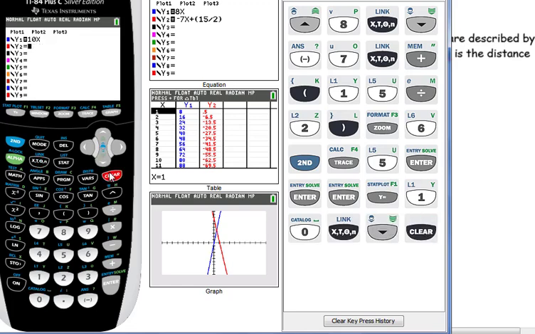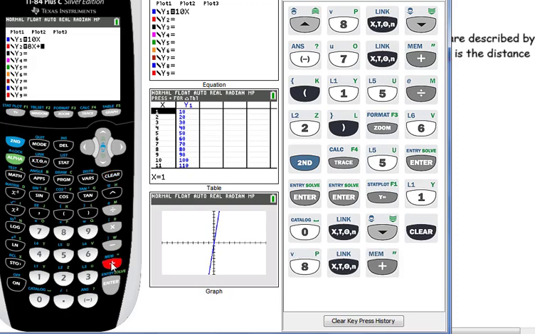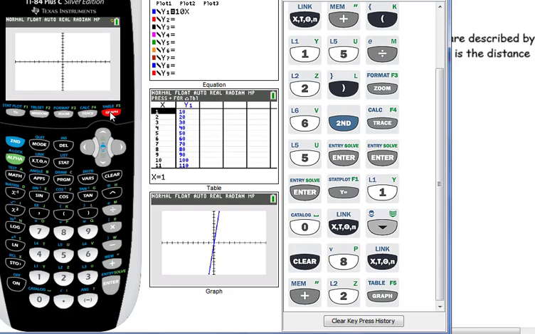However, the next one I am going to clear, and that equation is y equals 8x plus 2. I've already zoom standardized it, so I'm going to hit graph. It will automatically graph them.